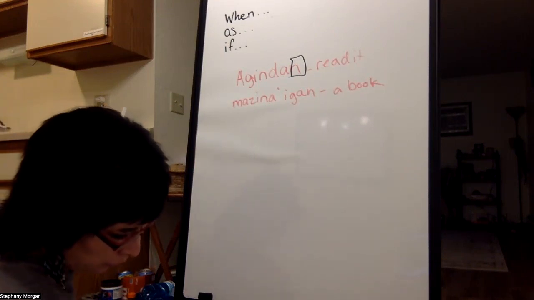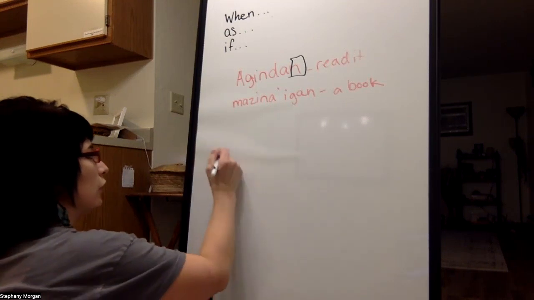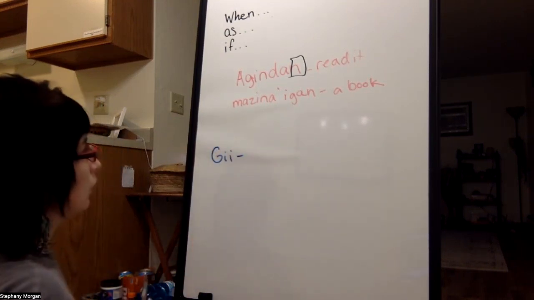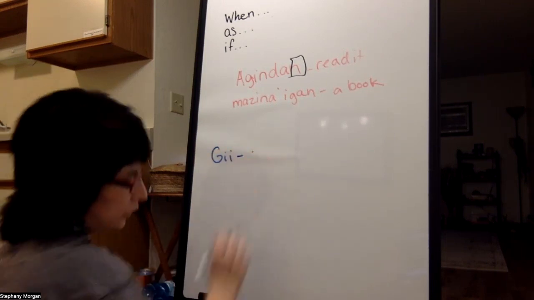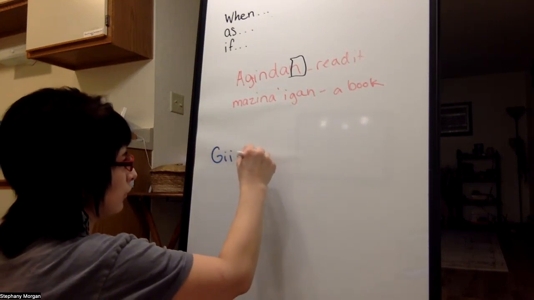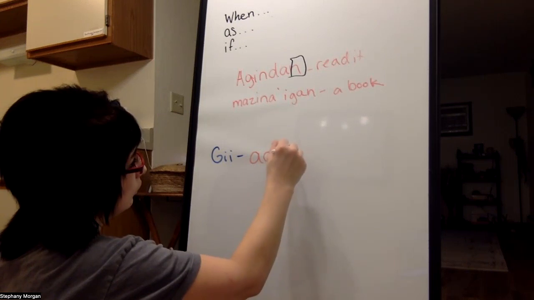Let's see. When used, we're not reading the book, so that's going to have a gi prime tense. "Again done" starts with A. A is a vowel, so it doesn't go through any initial consonant change.